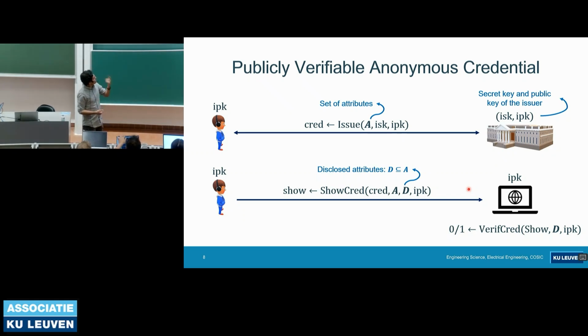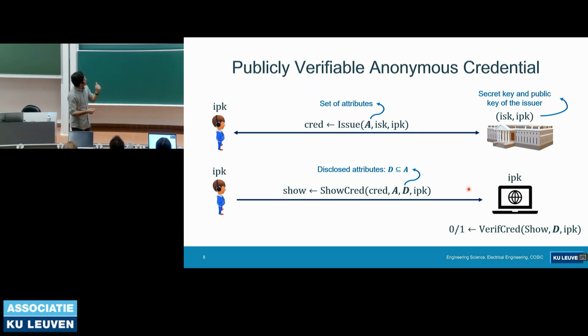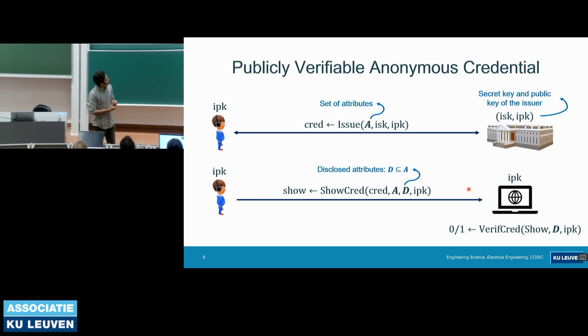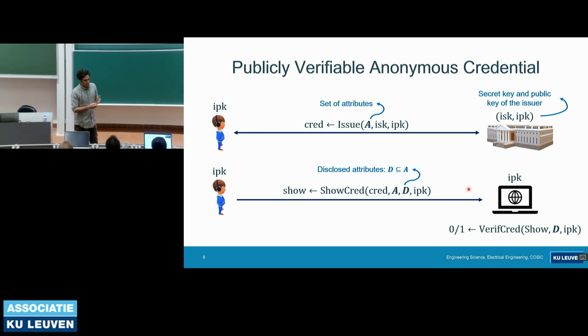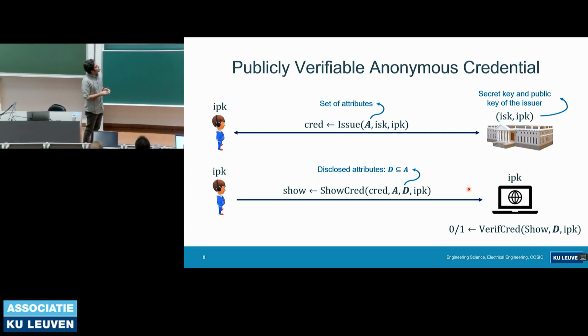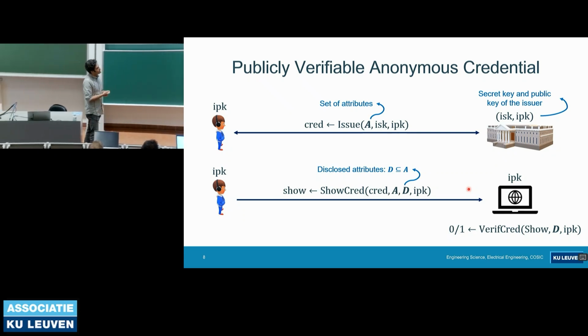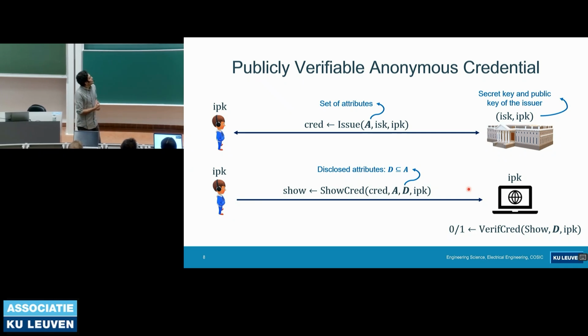And whenever this user wants to reveal it to the verifier, it generates a show by running Show Credential, and the verifier at the end only receives the subset of attributes which we call D. And this verifier runs an algorithm Verify Credential, which returns 1 if this showing is valid and 0 if it is not valid. And the only thing that the verifier uses for that is the public key of the issuer that everybody knows.